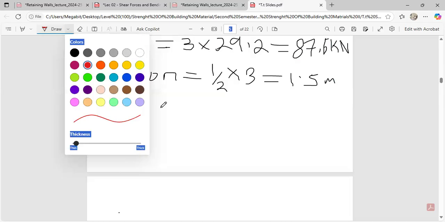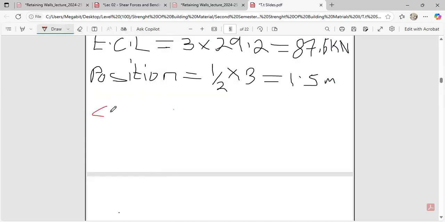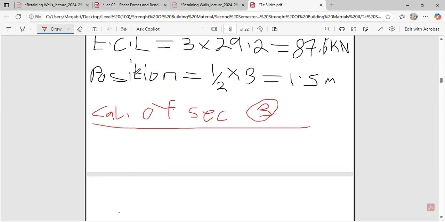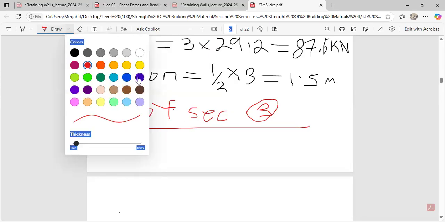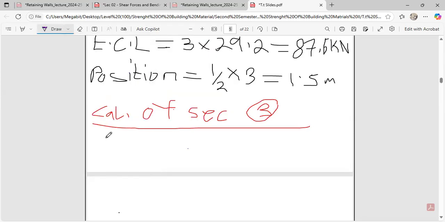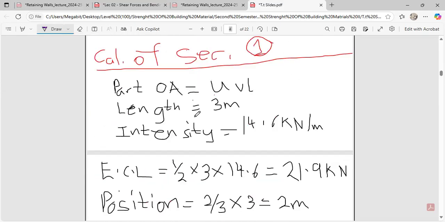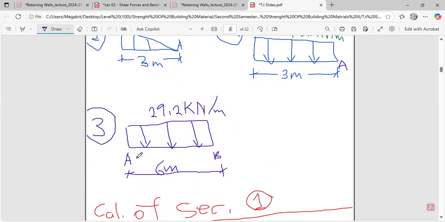So let's do the calculation of section 3. So this is section 3. How do we calculate for section 3? In the calculation of section 3, the part this time is going to be part AB.